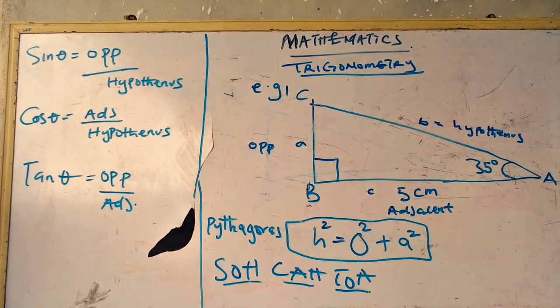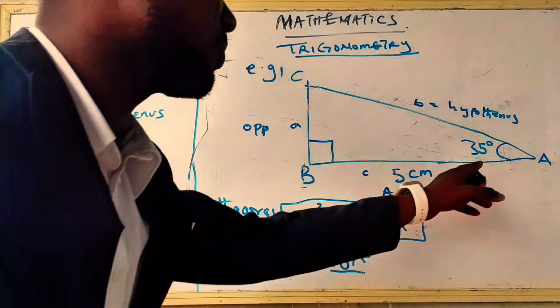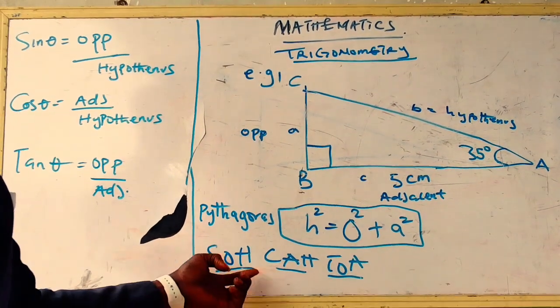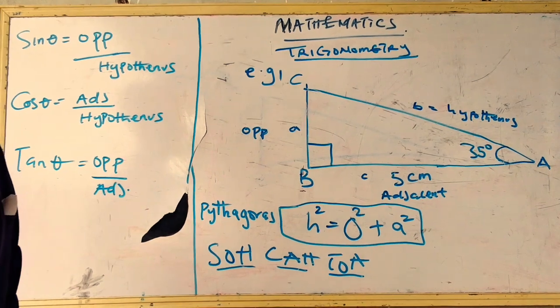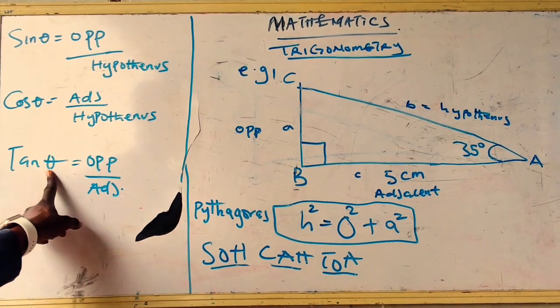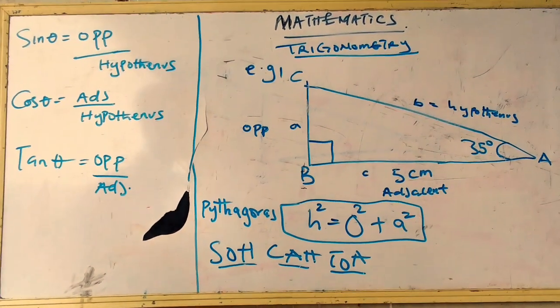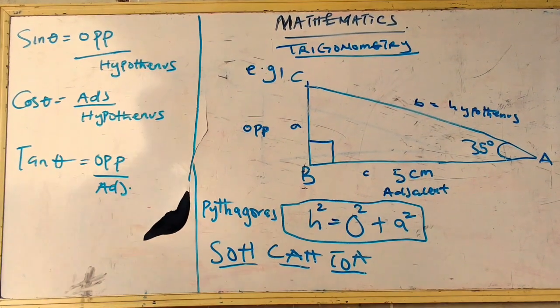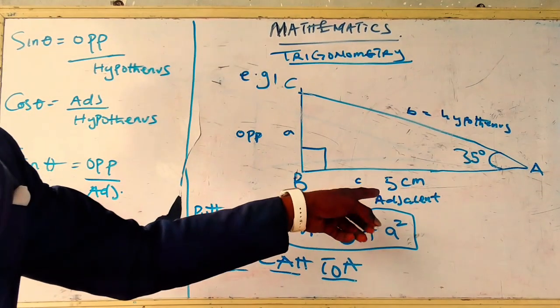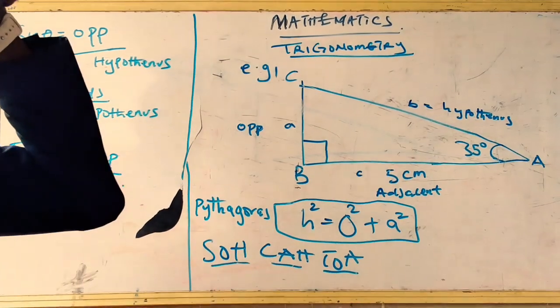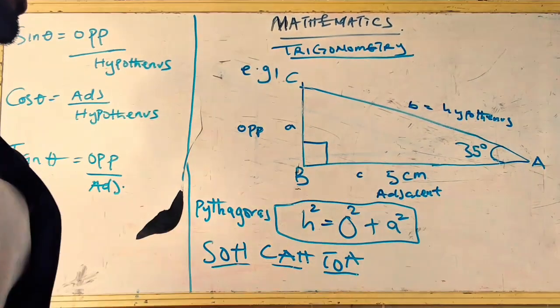Most times when we are given the angle and one of the sides, it's best to use SOHCAHTOA, because we can use whichever one goes in line with the question. In this question, we are given only the adjacent.